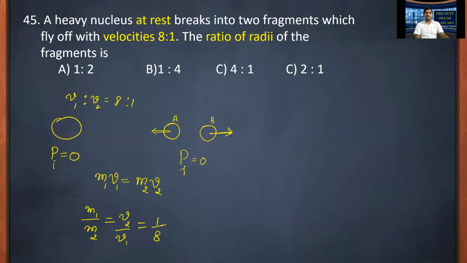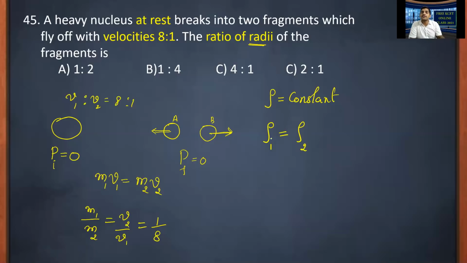Now, what are we asked to find? We are asked to find the radius. How to come to the radius? Whether it is a heavier nucleus or a lighter nucleus, what property remains the same in both cases? That is the density. Nuclear density is a constant. So the density of the first fragment should be equal to the density of the second fragment, irrespective of the size, irrespective of the momentum.